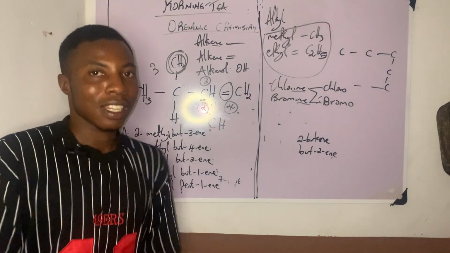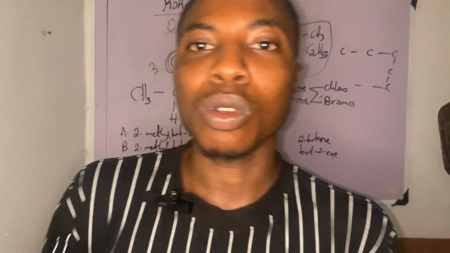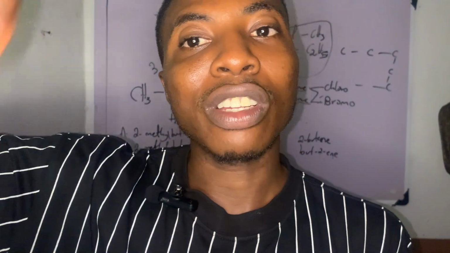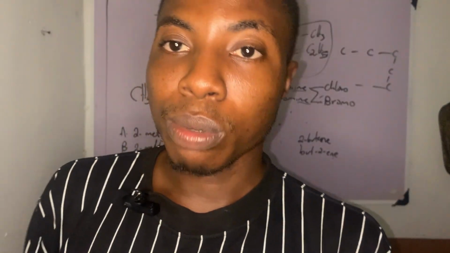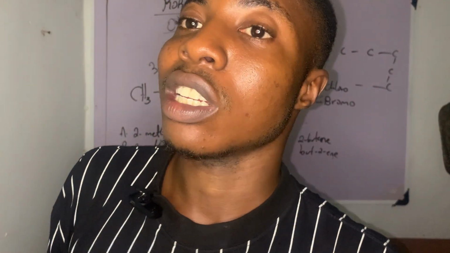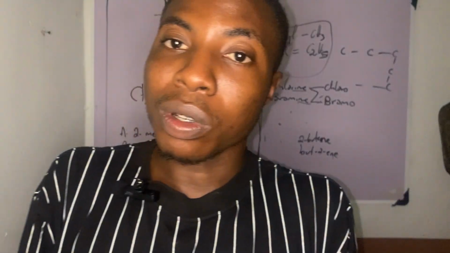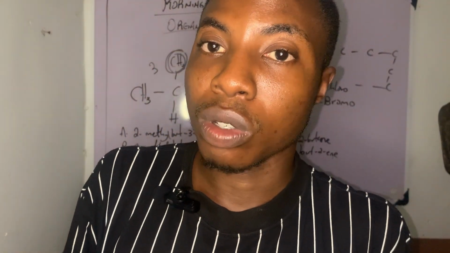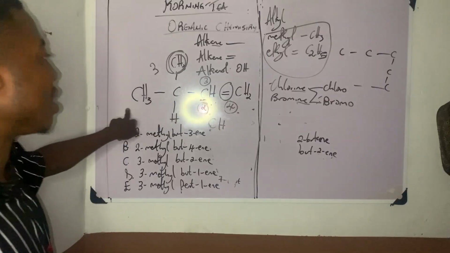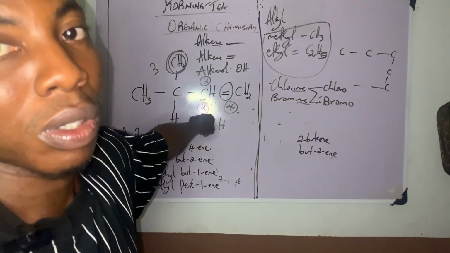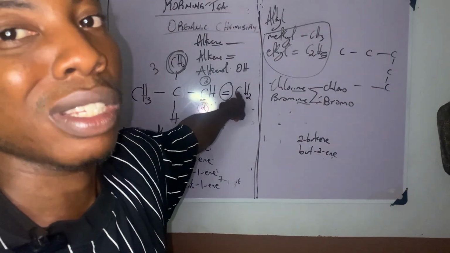Now, the next thing is to put a number on where you found the attachment group and the name of the attachment group. Remember, we are now counting from this side, because we are giving the functional group the lowest possible number.